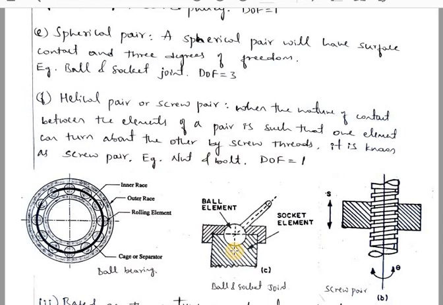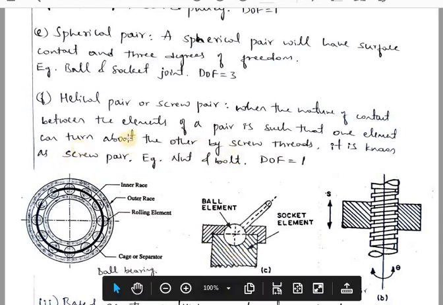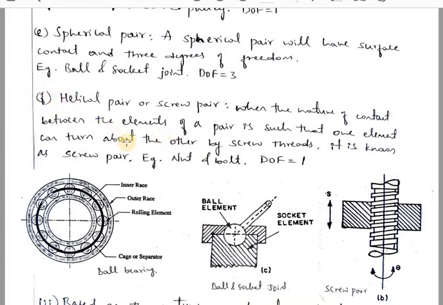Next we have the helical pair or screw pair. When the nature of contact between the elements of a pair is such that one element can turn about the other by screw threads, it is known as a screw pair. Example, nut and bolt. Again, it will have 1 degree of freedom.